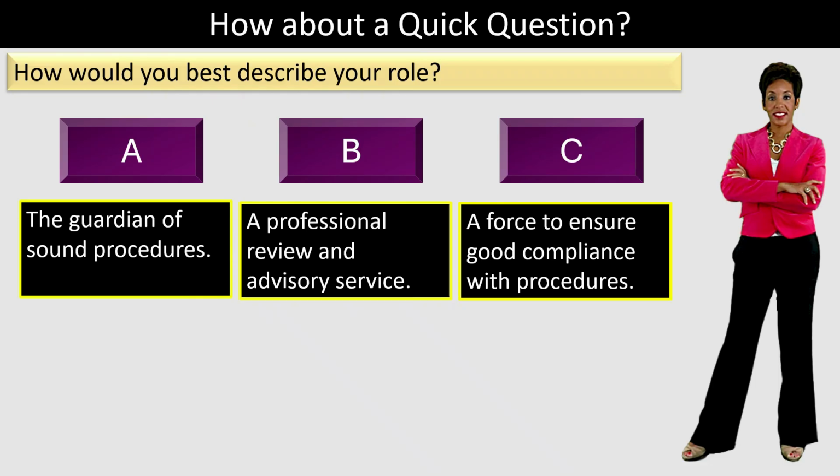Right you are. Let me ask you a quick question. How would you best describe your role as an internal auditor? A. The guardian of sound procedures. B. A professional review and advisory service. Or C. A force to ensure good compliance with procedures.